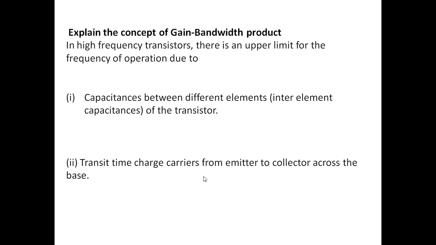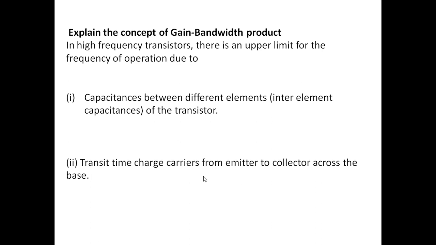Due to this, some amount of capacitance exists, whether the junction is forward biased or reverse biased. These are called inter-element capacitances.